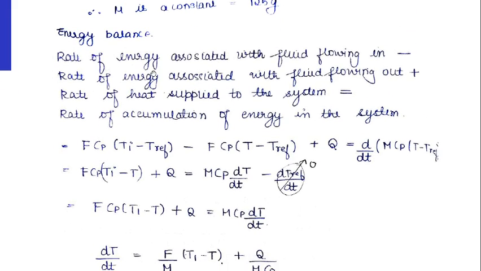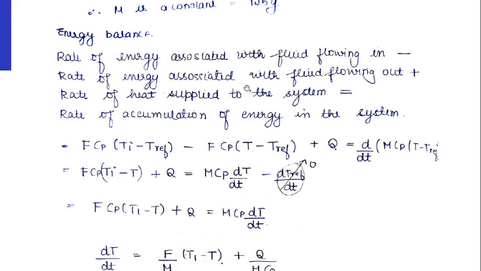So let's do the energy balance now. Rate of energy associated with the fluid flowing in, same way as we do the mass balance, except that it is energy. The rate of energy in, because it comes with the fluid, and the rate of energy that goes out with the fluid. The difference between those, and we have heat being supplied to the system through the heating coil, so that gets added. So in this balance there are three terms.